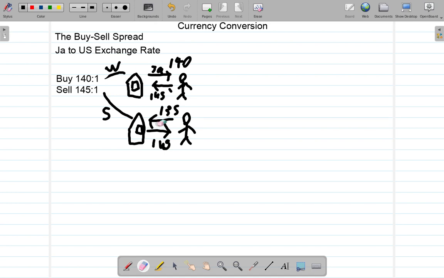Now, instead of you selling the Jamaican dollar at lower than 140 to 1, you now sell it at higher than 140 to 1. So you're looking at 145 to 1.